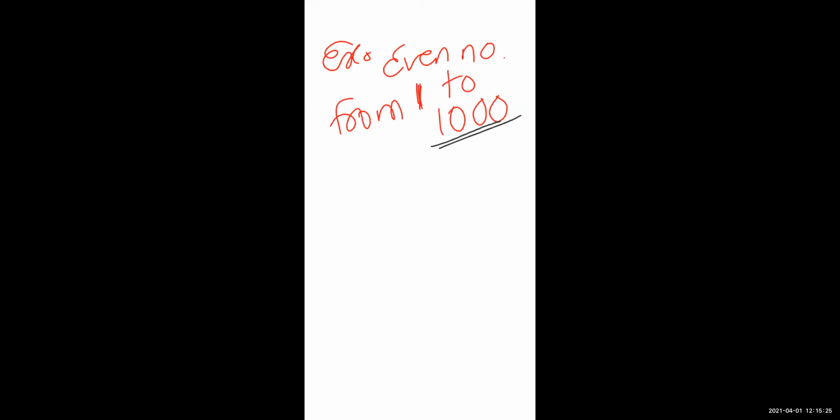But for this question, it is not possible. I am not saying that it is not possible. It is possible, but it will get very lengthy. You can't write down like this also, that is 2, 4, 6 till 1000.